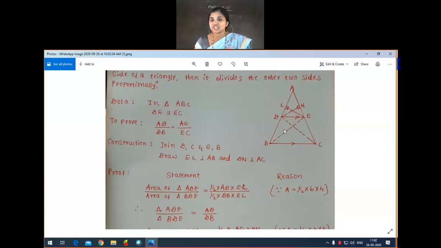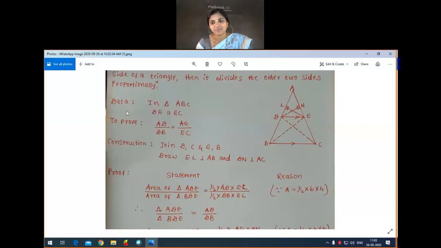This is the construction part. We discussed in the previous classes that dotted lines are the construction part in the theorem. So just according to the statement, ABC is one triangle, DE line is parallel to BC.